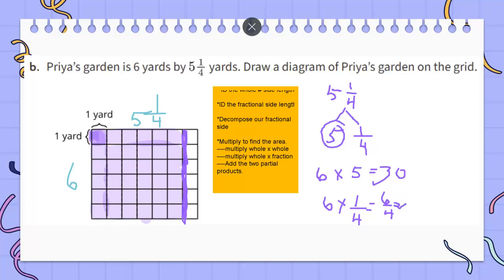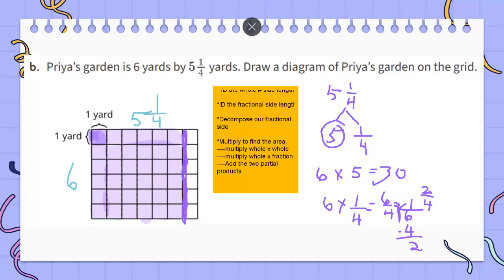So we drop that 6 into our division house, and we ask ourselves how many groups of 4 we can get in 6, and that will be 1. And then 1 times 4 equals 4, and 6 minus 4 equals 2. And so that will give us a partial product of 1 and 2/4.